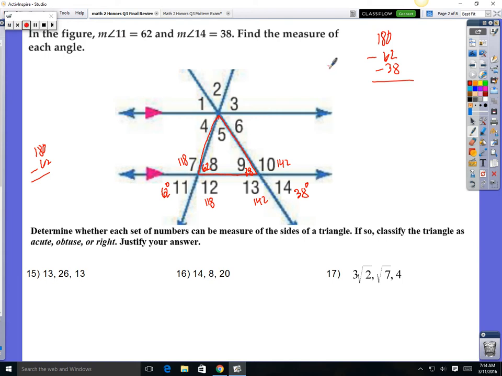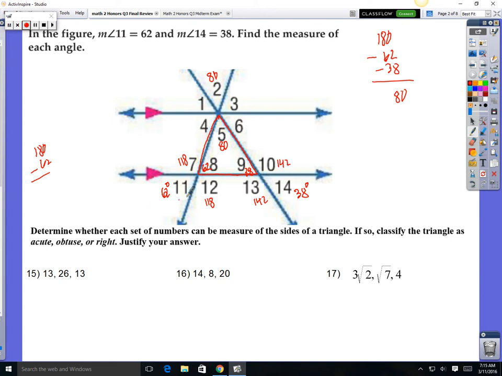Let's see. Okay. That's going to be 80. So 5 is 80 and 2 is 80 because 5 and 2 are vertical, and vertical angles are congruent. And we are almost done.